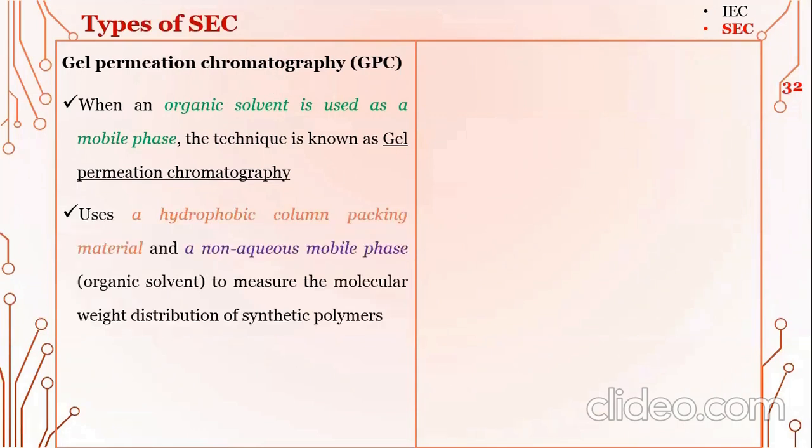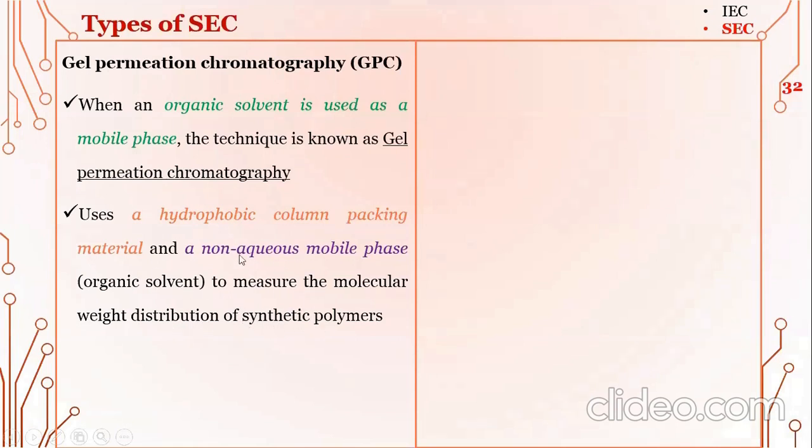Gel permeation chromatography uses a hydrophobic column packing material and a non-aqueous mobile phase. We already said that the solvent phase will be organic, meaning a non-aqueous mobile phase, used to measure the molecular weight distribution of synthetic polymers.